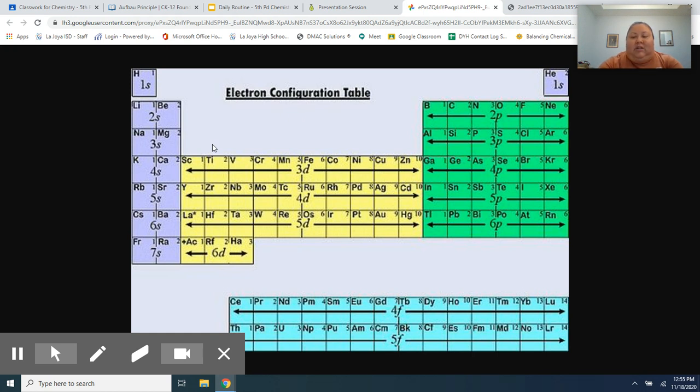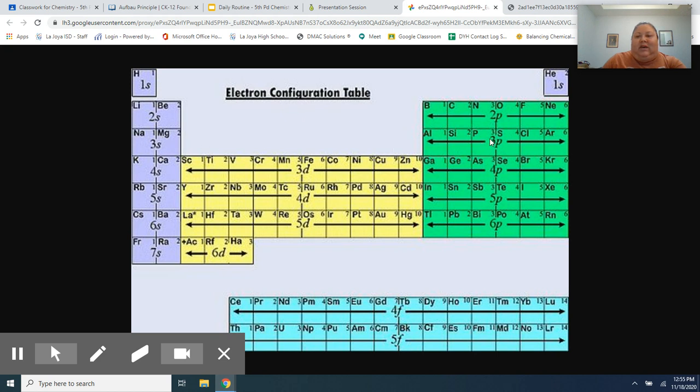All I do is tell them to cover everything up to 1s, pull it down, and keep writing what the boxes say until you get to the element that you're looking for. So if you're looking for the electron configuration for phosphorus, you start at 1s. What's the maximum? 2. Then 2s, 2. 2p, 6. 3s, 2.